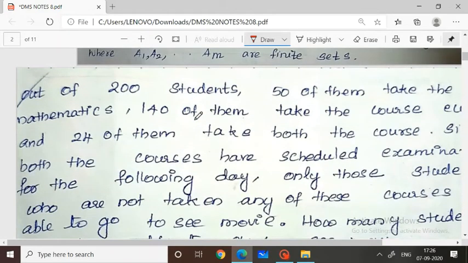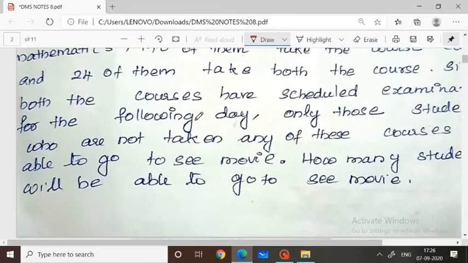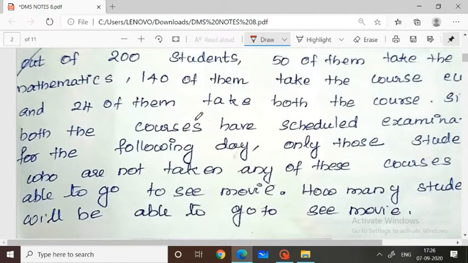So the question, the first question, is: out of 200 students, 50 of them take mathematics, 140 of them take the course economics, and 24 of them take both the courses. Both the courses have been scheduled for examination on the following day.